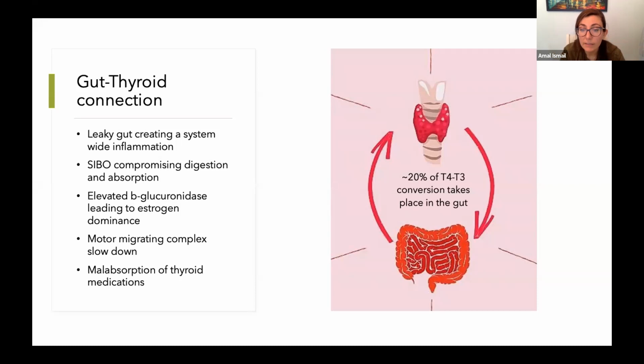Beta-glucuronidase is an enzyme that's found in your gut. It's produced by one of the major species, the Bacteroidetes. And when this enzyme is elevated, what it actually does is repackage the excess estrogen that was basically dumped by the liver for excretion, and dumps it back into the bloodstream, creating an estrogen dominant state.